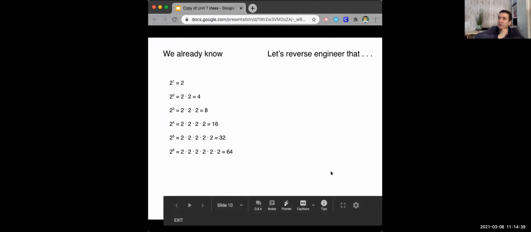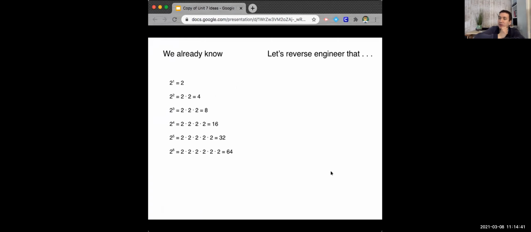If we reverse engineer it, if we work backwards, you can think of it like this, where we're dividing by 2 every time. So the question is, what happens when we get to an exponent of 0?